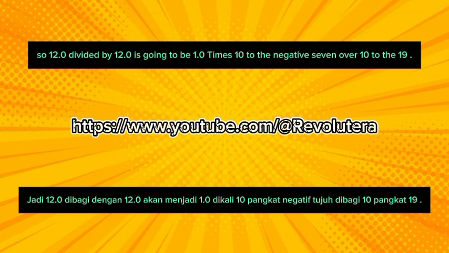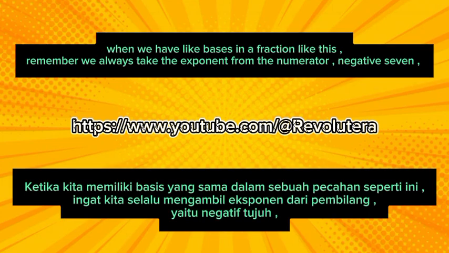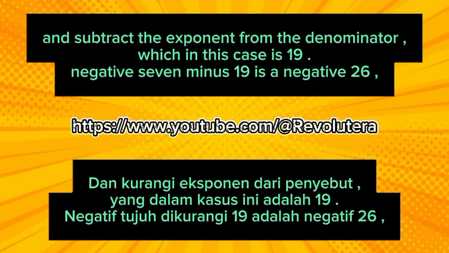So 12.0 divided by 12.0 is going to be 1.0 times 10 to the negative 7 over 10 to the 19. When we have like bases in a fraction like this, remember we always take the exponent from the numerator, negative 7, and subtract the exponent from the denominator, which in this case is 19. Negative 7 minus 19 is a negative 26.